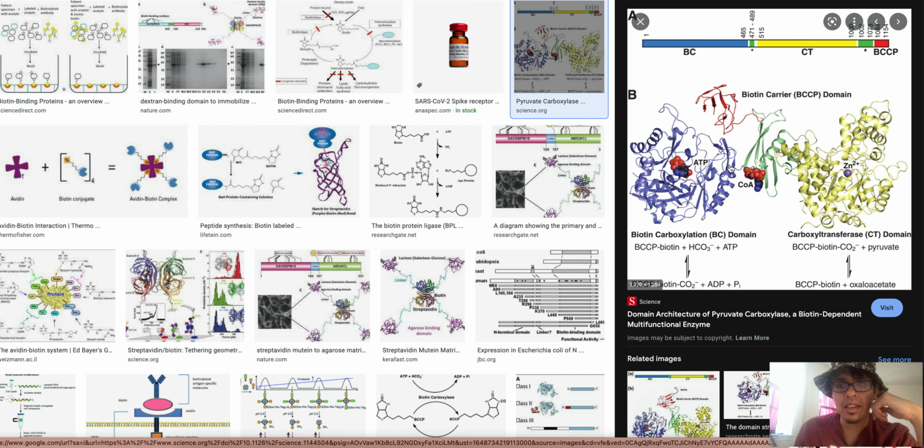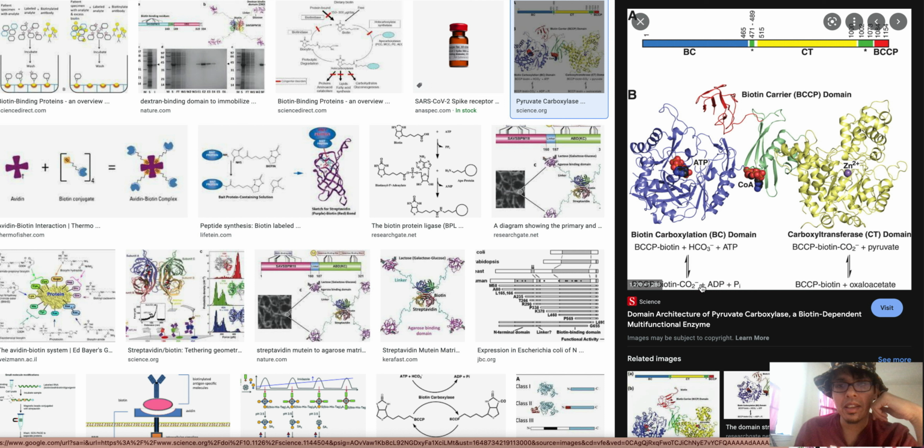This is interesting because biotin itself is a naturally occurring molecule that is linked to pyruvate carboxylase, right? It will bind to CO2, but that's not the whole story. It needs to bind to CO2 in order to form oxaloacetate, and then you have biotin that is unbound.